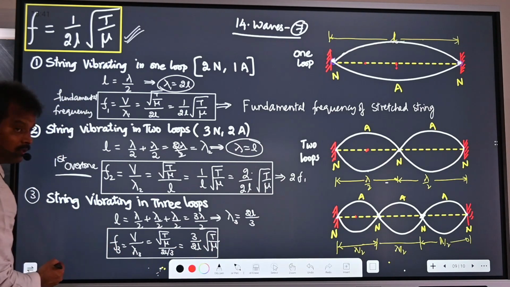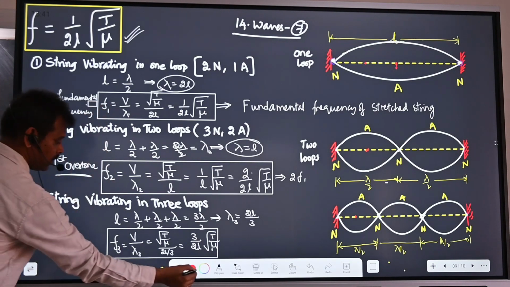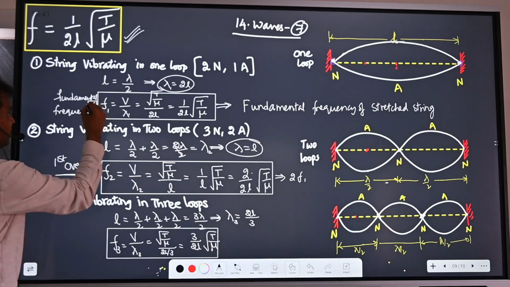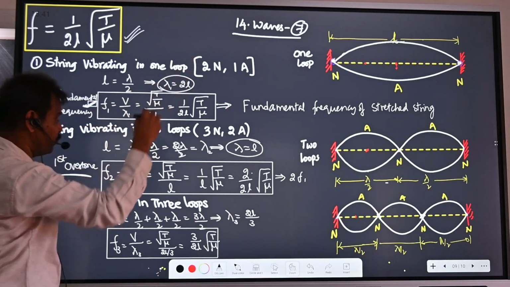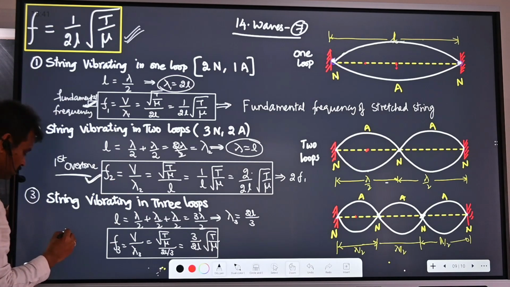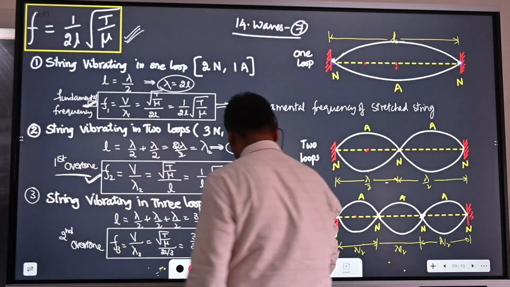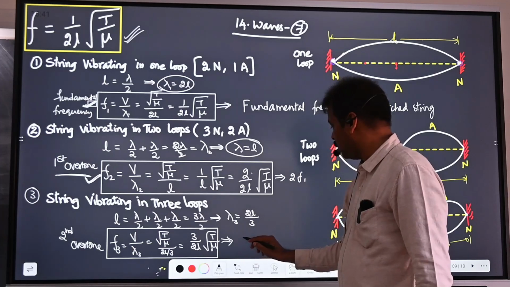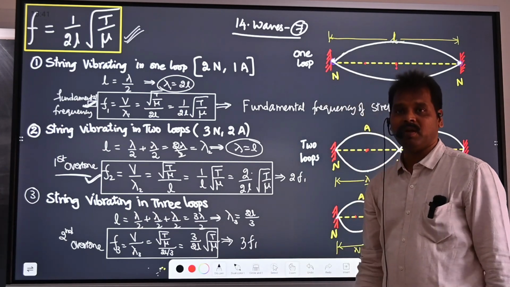What is the name of this one? This is the fundamental frequency. When the string is vibrating in one loop, this is called first overtone and this is called second overtone. And can I say second overtone is 3 times the fundamental frequency?